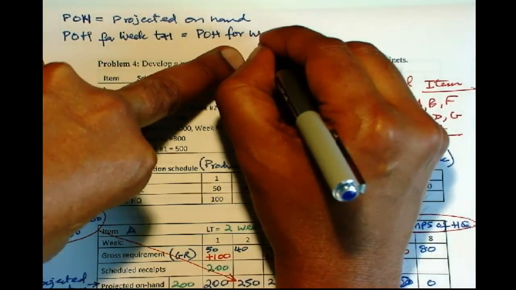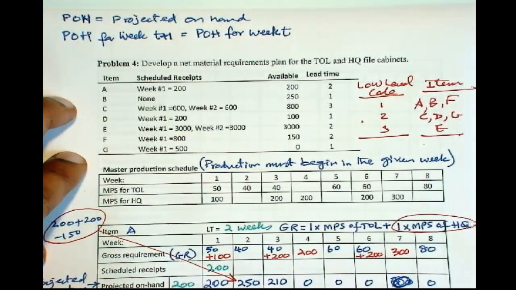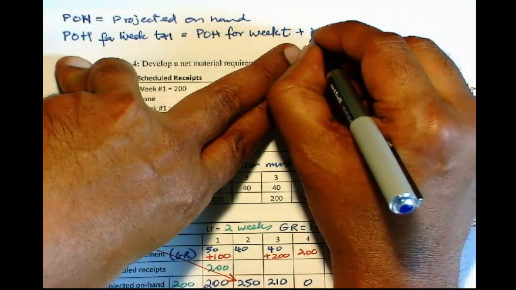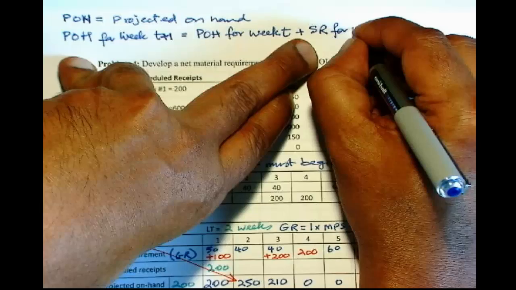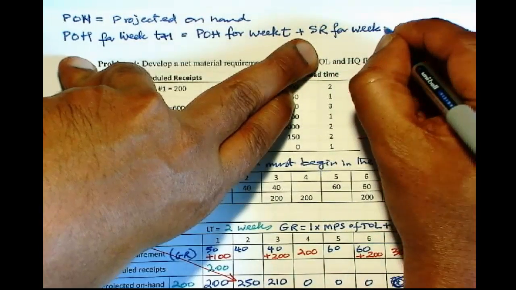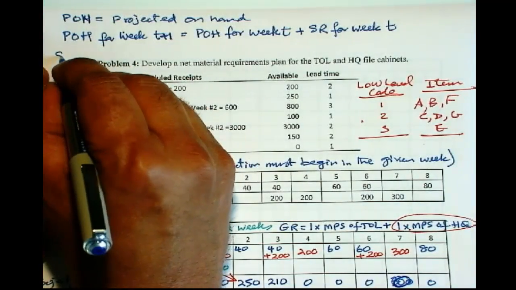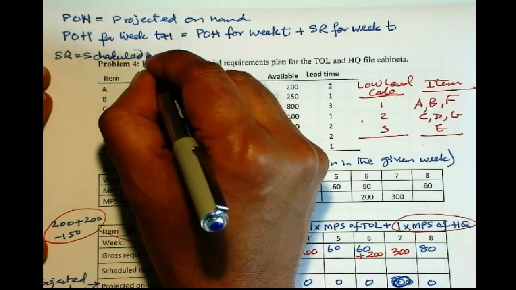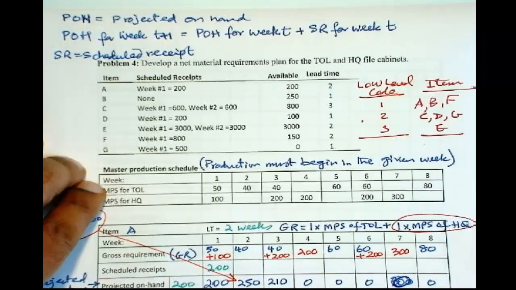In the given week, what is going to come in? Plus scheduled receipt for week T. SR is scheduled receipt, so that's what is coming in.